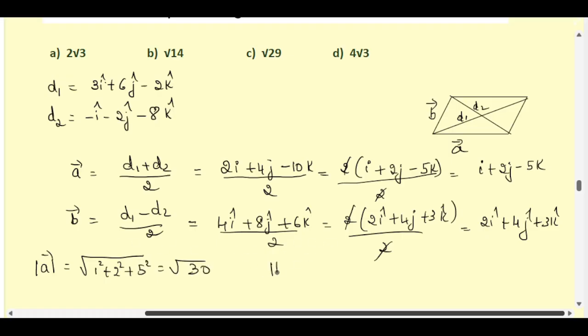Similarly, magnitude of B vector equal to root of 2 square plus 4 square plus 3 square, which is equal to 4 plus 16 plus 9, that is root 29. So among root 30 and root 29, root 29 is the lesser value. So root 29 is the length of the shorter side of the parallelogram. So this is the right answer.